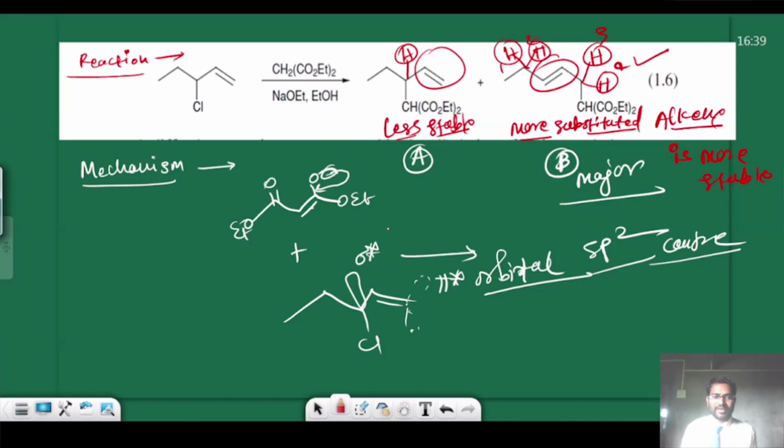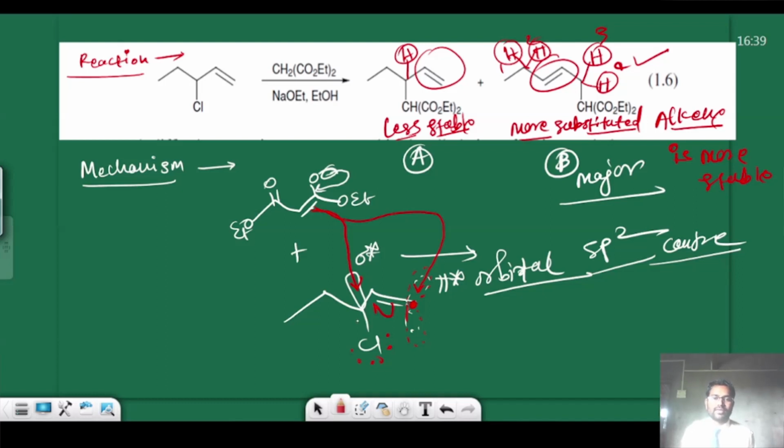So this enolate anion can come and attack on the sigma star orbital of this particular carbon-chlorine bond, or it can attack on this particular pi star orbital of the sp2 center or alkene system.